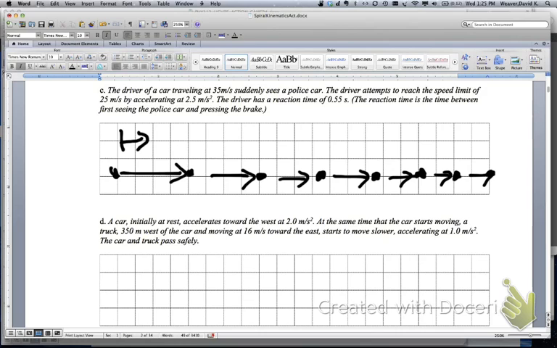And so during this initial part of it, the acceleration is 0, but then during this part, there is an acceleration that is in the opposite direction of the way they are traveling. And then during this portion, the acceleration is again 0.